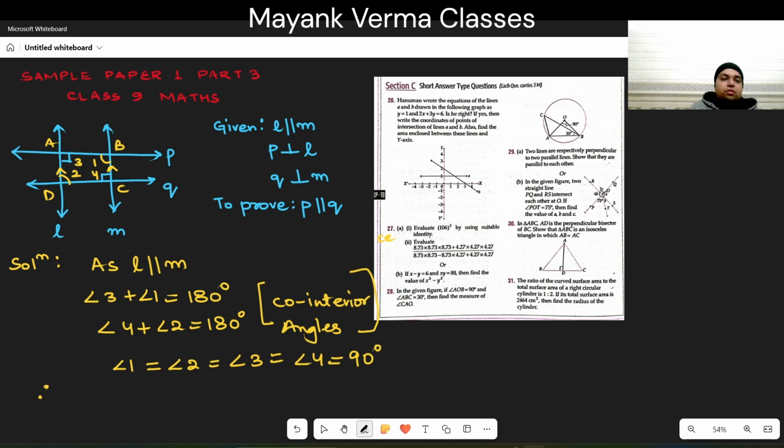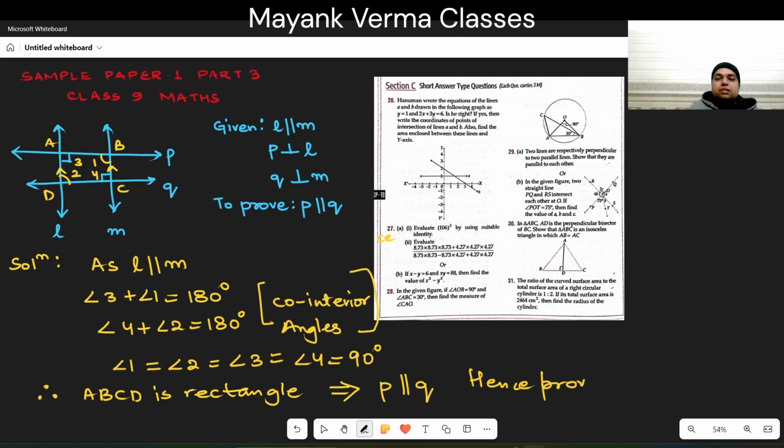So therefore, ABCD is a rectangle. This implies that P should be parallel to Q. Hence proved. This is the property of a rectangle, that opposite sides are parallel to each other. So therefore, this will be the answer.